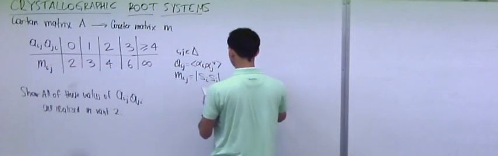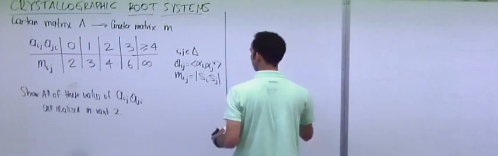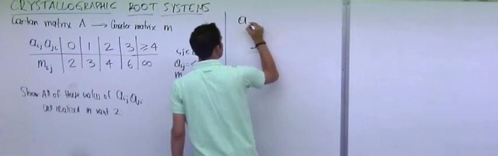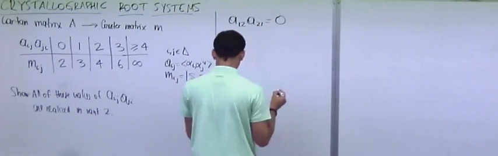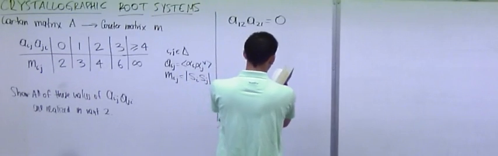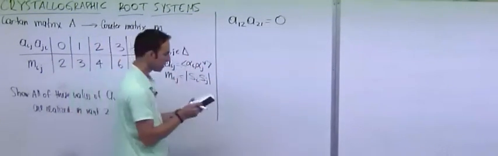So let's go ahead and do this. First let me show to you that A12, A21 could be 0. Okay. Well, that's not surprising. We know that. That just means that alpha 1 and alpha 2 need to be perpendicular to each other. Okay.